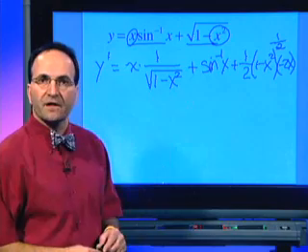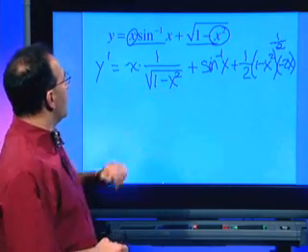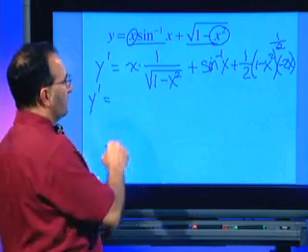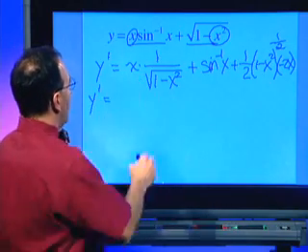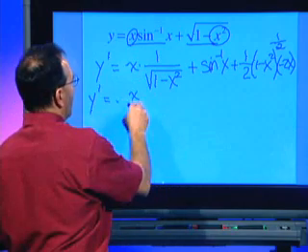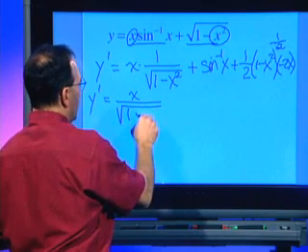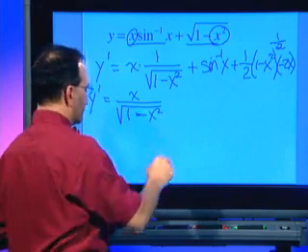Let's simplify this a little bit, and we can say that y prime is equal to, in this case, x over the square root of 1 minus x squared.